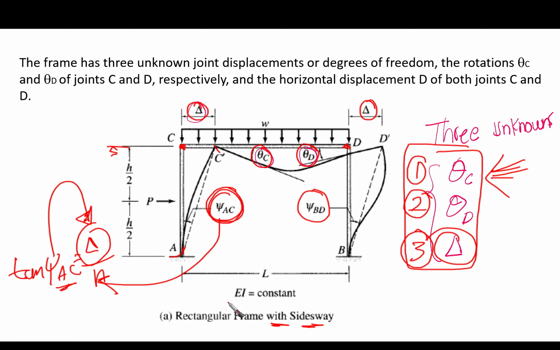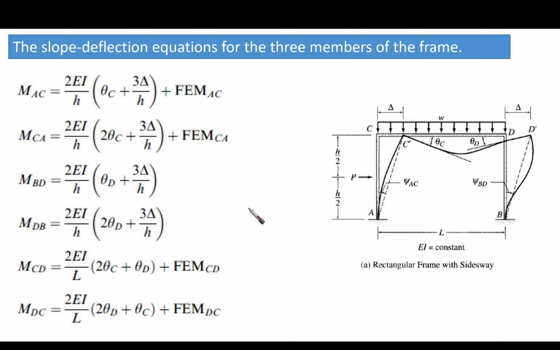Okay, now let's jump into the equations directly and see what we are going to do. We are going to apply the slope deflection equations for the three members of the frame. So we have three members here: member AC, CD, and DB, right? We're going to apply the slope deflection method at each member.